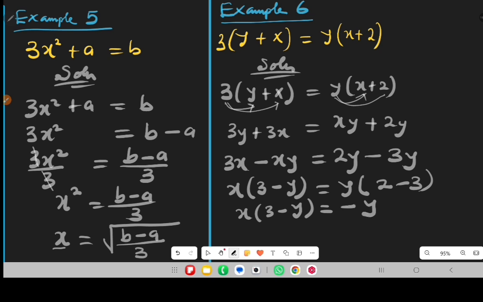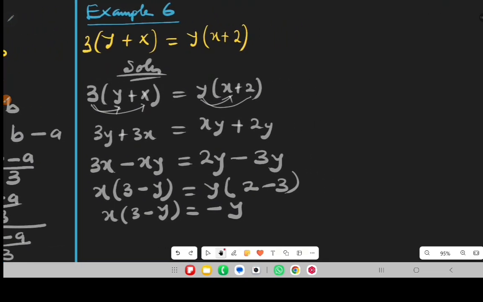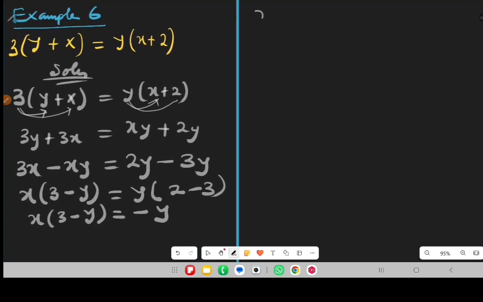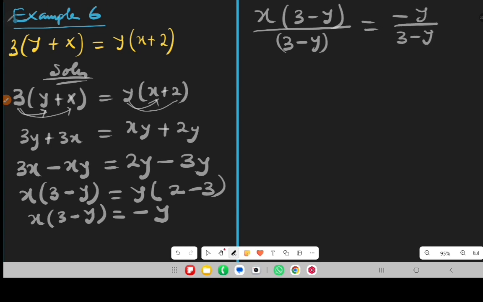Then the final step, to make x stand on its own, we divide both sides by the coefficient of x, which is bracket 3 minus y. That is x into 3 minus y all over 3 minus y equals minus y all over 3 minus y.